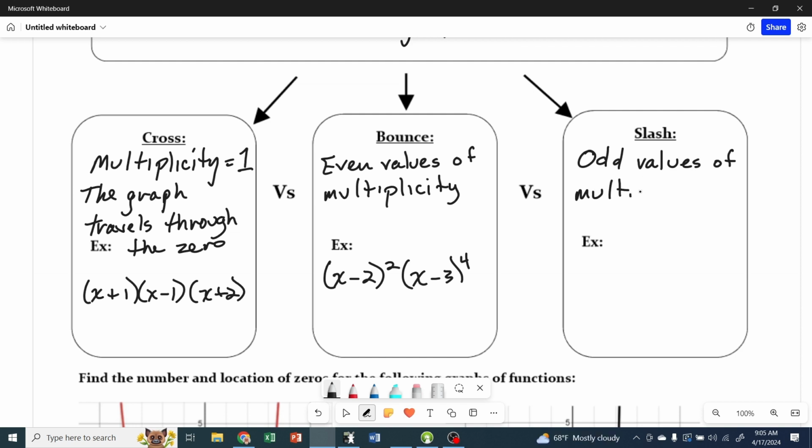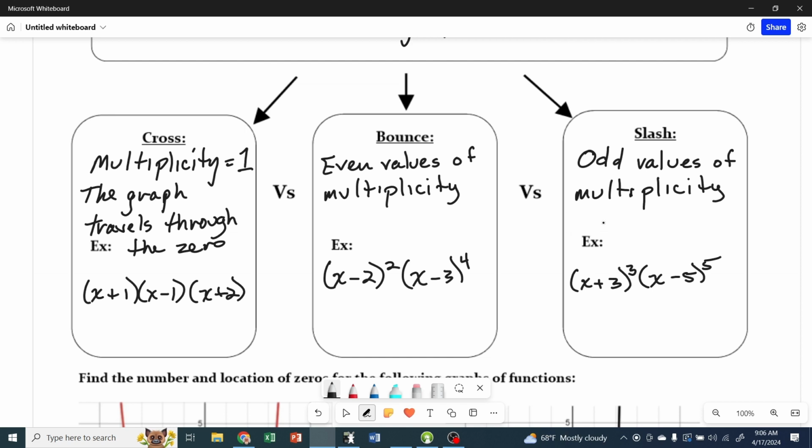A slash has odd values and greater than 1, right? So it would look something like this: (x plus 3) cubed, (x minus 5) to the 5th. Those multiplicities each have odd valued exponents.